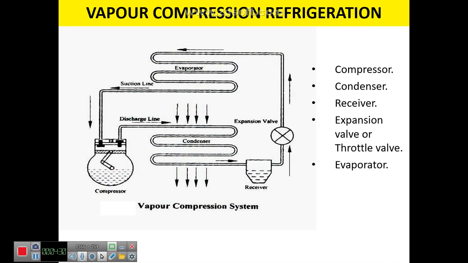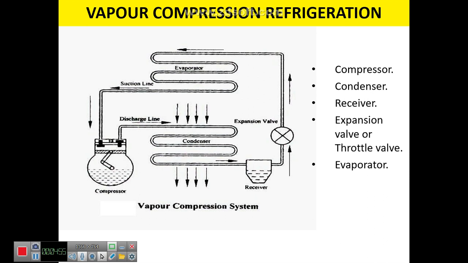The evaporator is the portion where we remove the heat from the food items. When you place the food items there, the refrigerant absorbs the heat from the food items, or from the space in the building. The evaporator is the space in the building where the pipeline refrigerant absorbs the heat from the room items.